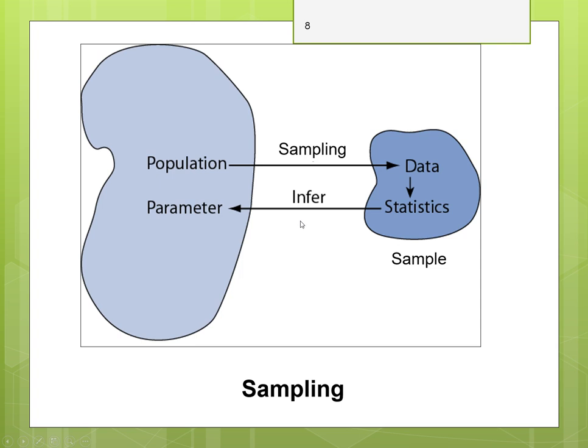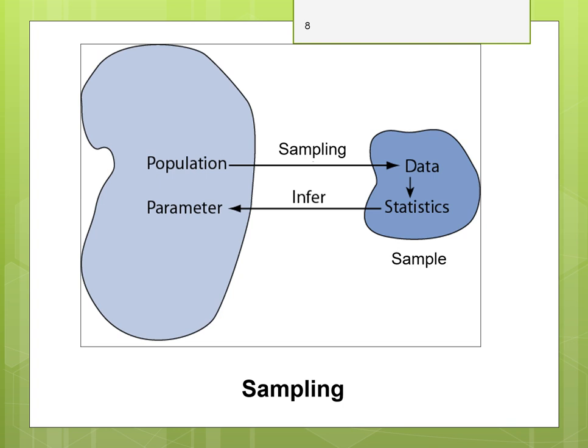So here we can know that what we really want to know is the parameter of the population. Or we can say that what we really want to know is the property of the population. But we cannot do that because the population is too big and we can know nothing about the population. So we choose another way. We draw some individuals to be the sample.